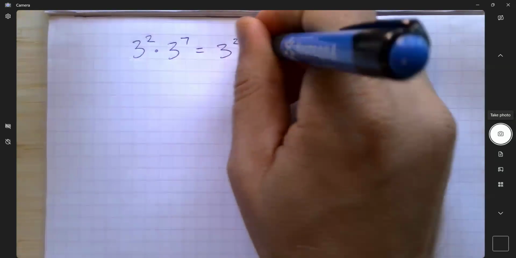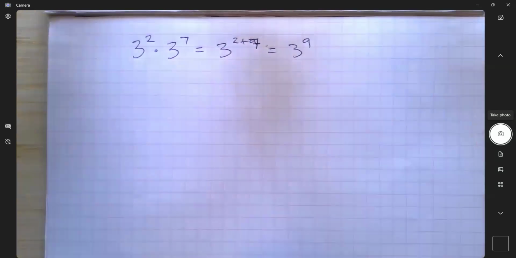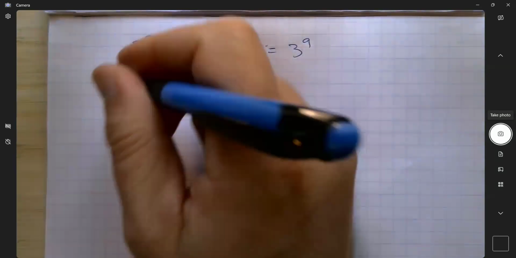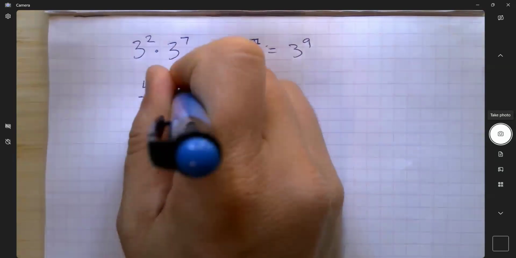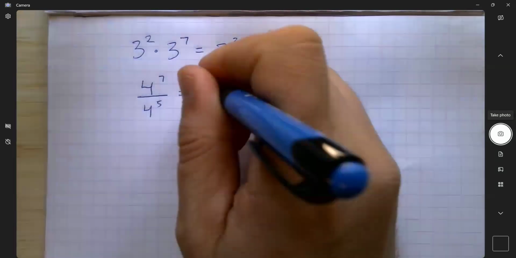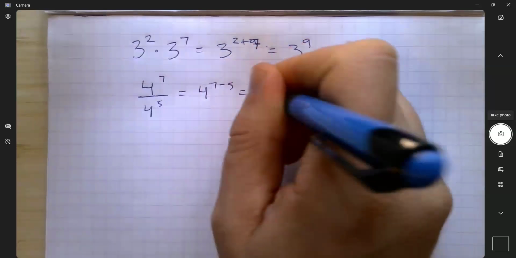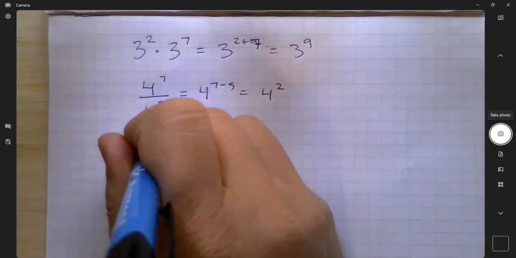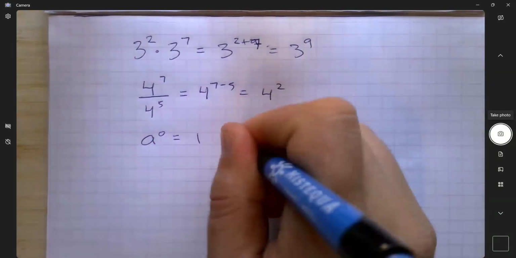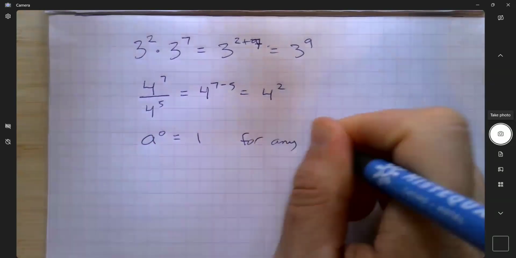That's a 7, and I get 3 to the 9. Same base, divide the exponentials, I subtract the powers. And that gives me that any number a to the 0 is 1 for any a.